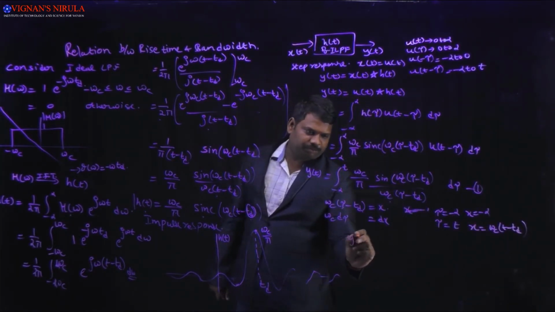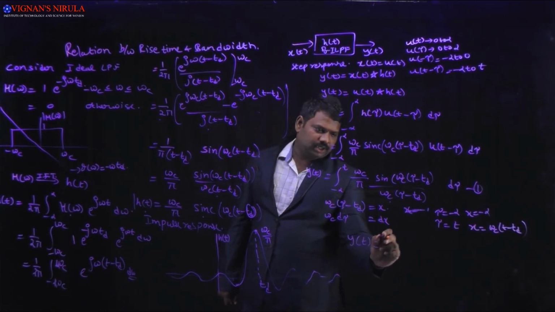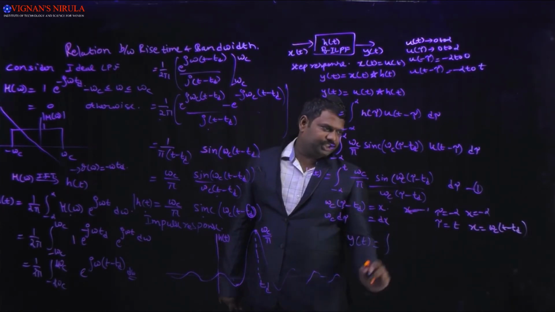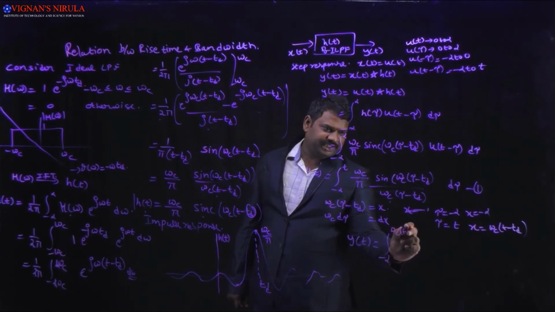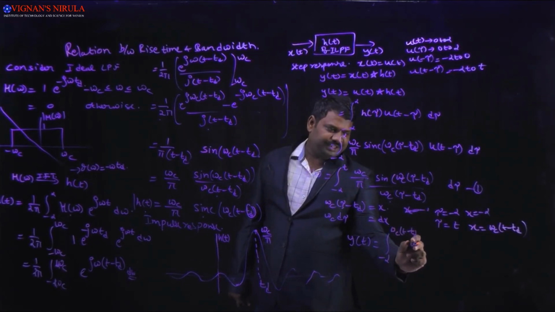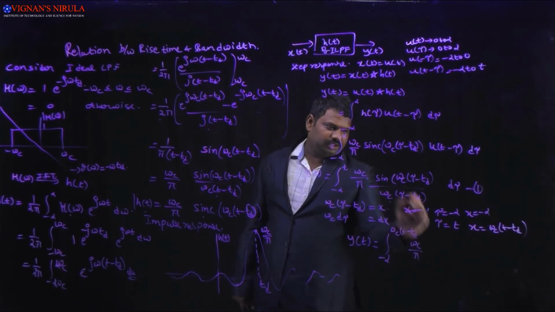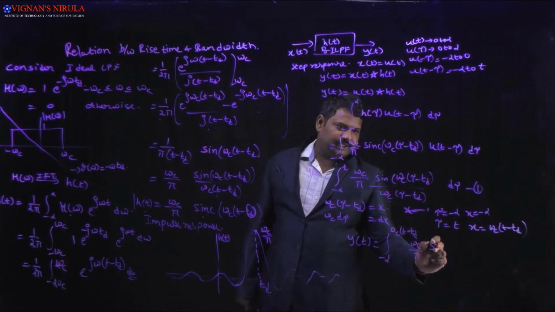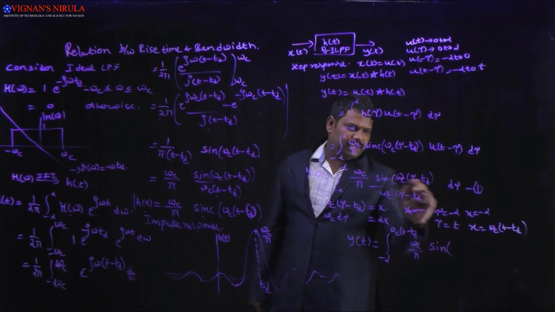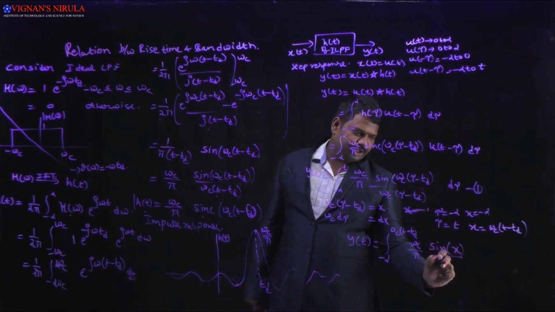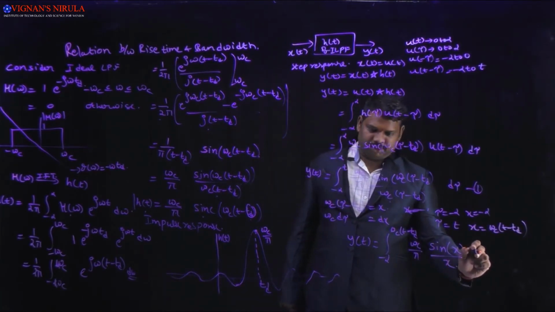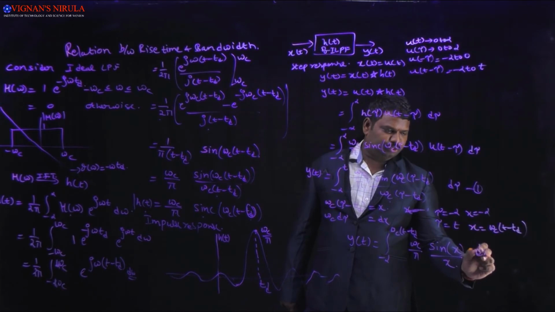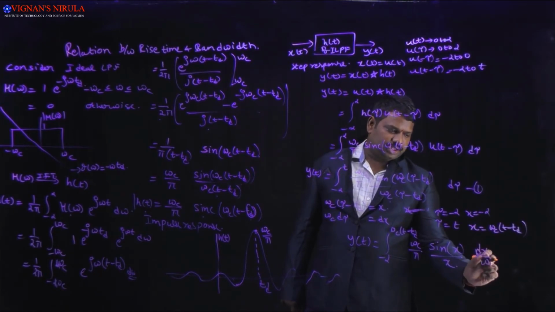Therefore, our y of t will be given as, the integration will change to minus infinity to omega c of t minus td, then omega c by pi, sine of x, where omega c of tau minus td is x, the denominator also x, and d tau will be given as dx by omega c.